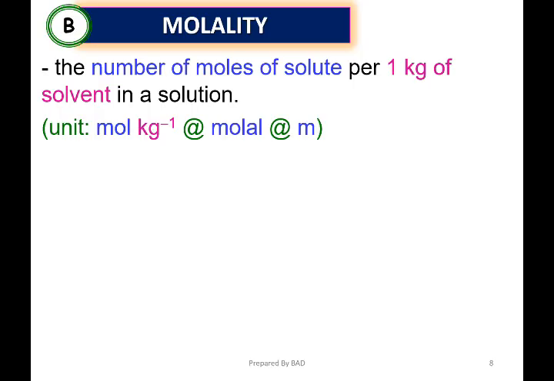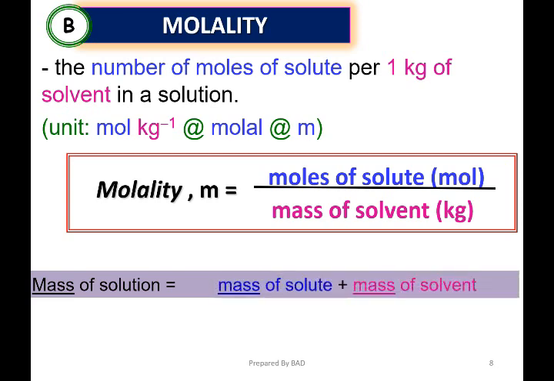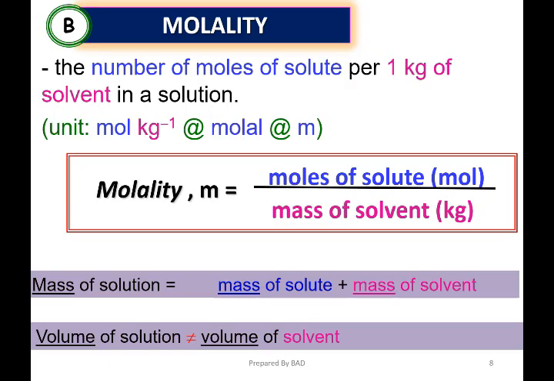The unit is mole per kilogram or molal or small letter m. Formula for molality is equal to mole of solute in mole divided by mass of solvent in kilogram. Mass of solution is equal to mass of solute plus mass of solvent. But volume of solution is not equal to the volume of solvent.